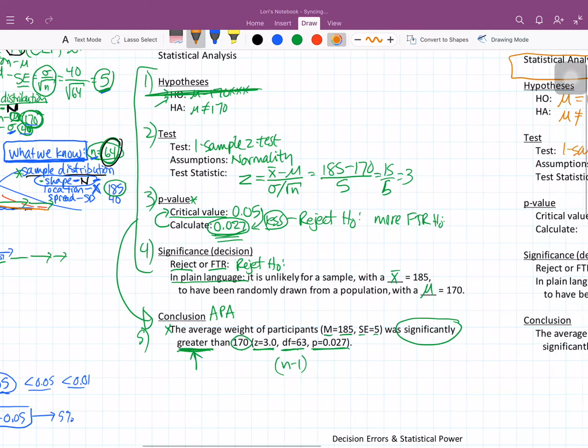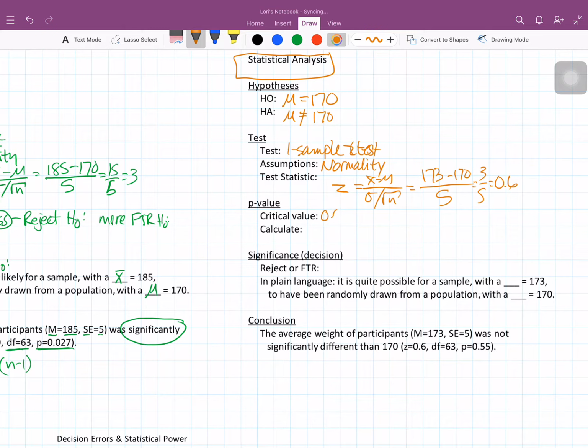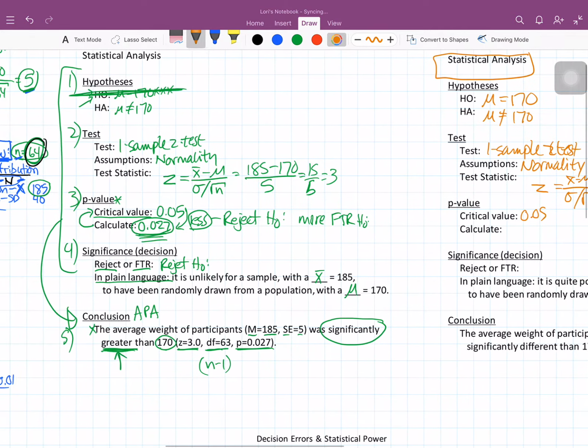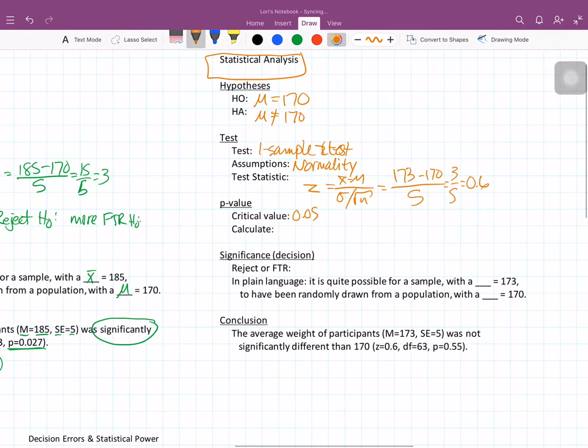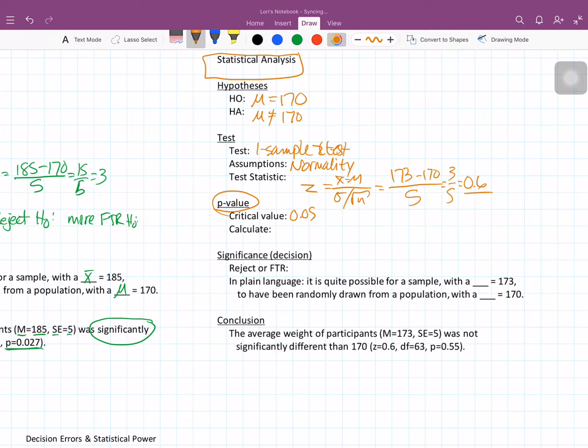If we keep our critical value the same of 0.05, if you looked on a table, you could find this. The p-value that's actually calculated for a z-statistic of 0.6 is equal to 0.55.